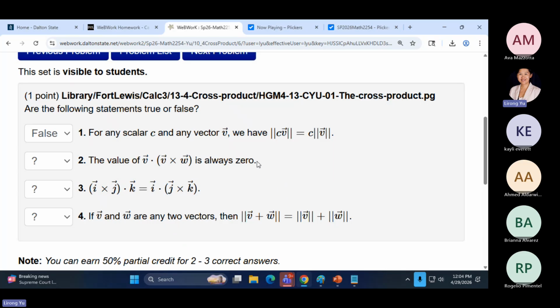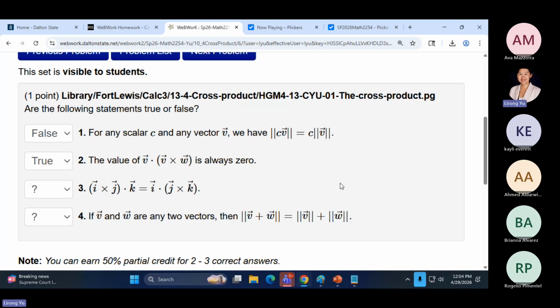So are V and V cross W perpendicular? Do you remember? V cross W is perpendicular to V and also perpendicular to W. Cross product, by definition, has this idea of a perpendicular relation. So this is supposed to be true.